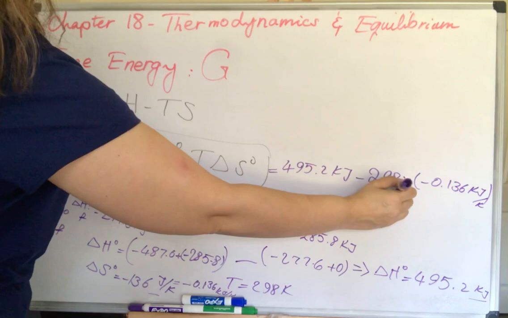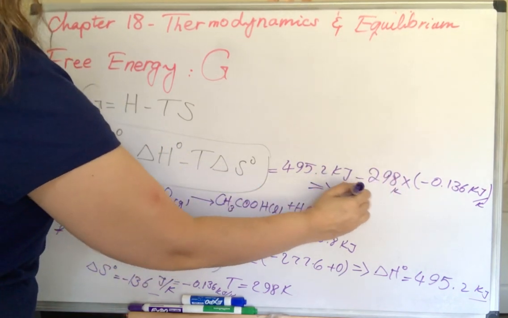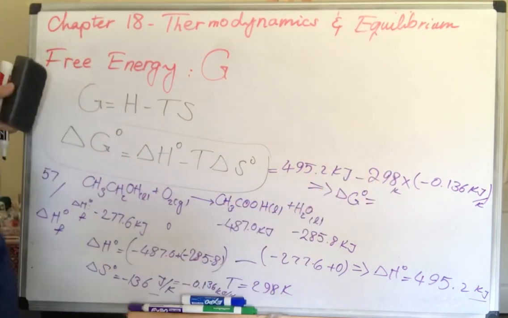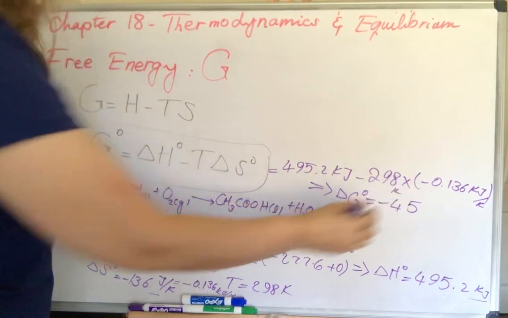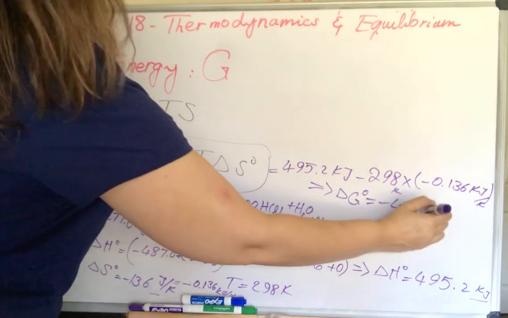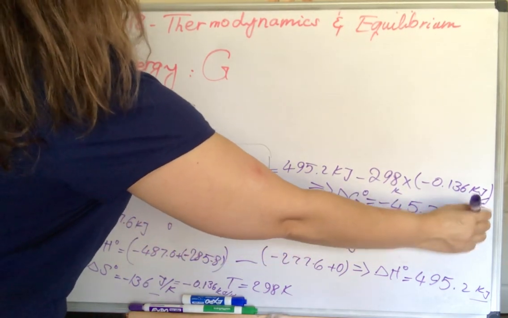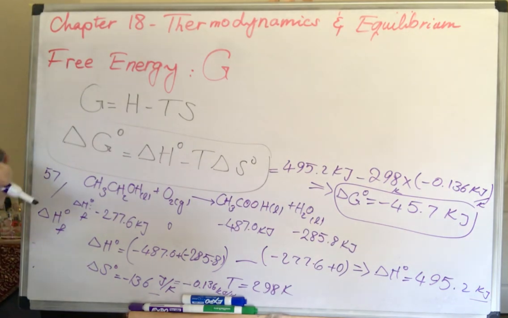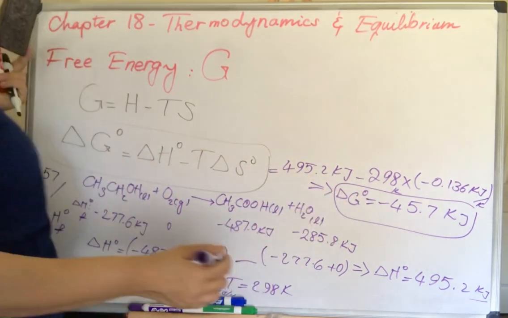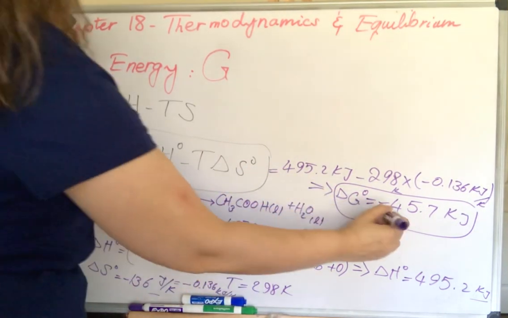So delta G standard after this calculation turns out to be 454.7 kilojoules. So now you know delta G is positive, so it is non-spontaneous.